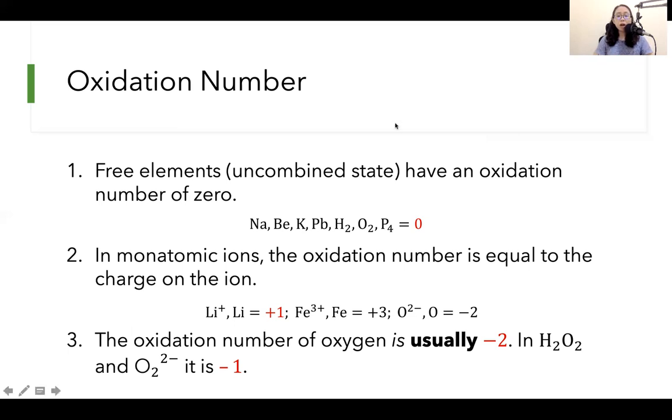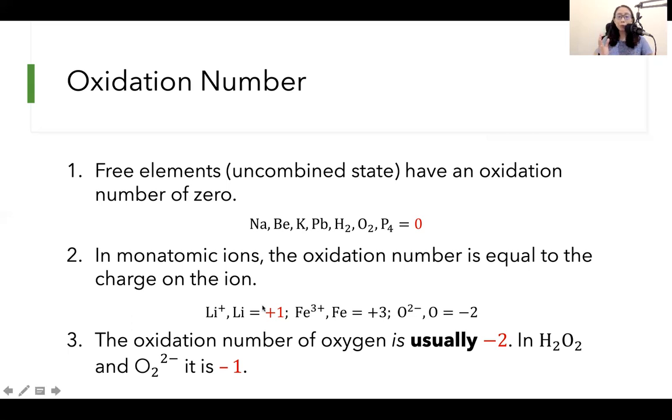Rule number 2. In monoatomic ions, the oxidation number is equal to the charge on the ion. This is again very simple. So if you have a lithium ion, we know that it became positively charged because it loses one electron.